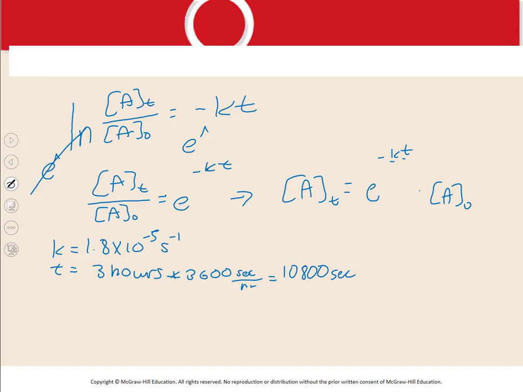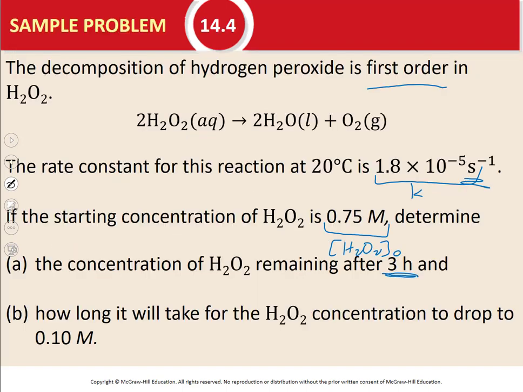Last thing we need to know is what A naught or A0 is. What was our initial concentration of our reactant? Good, 0.75 molar.